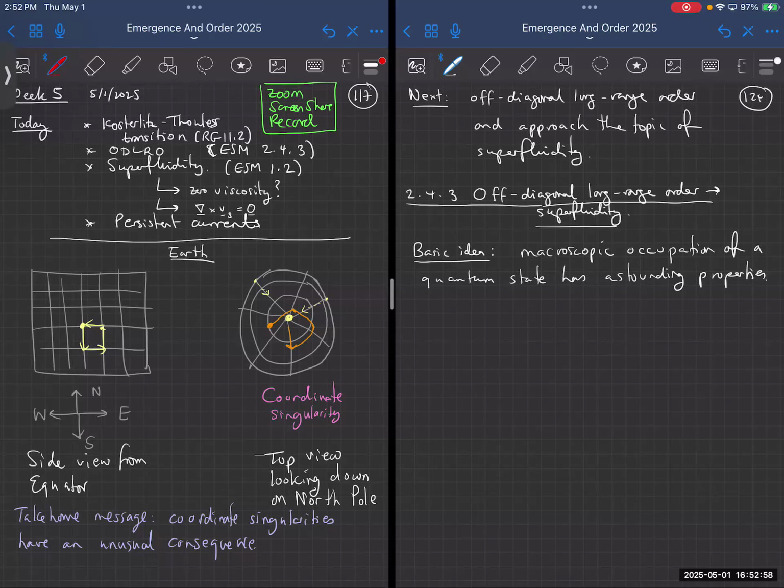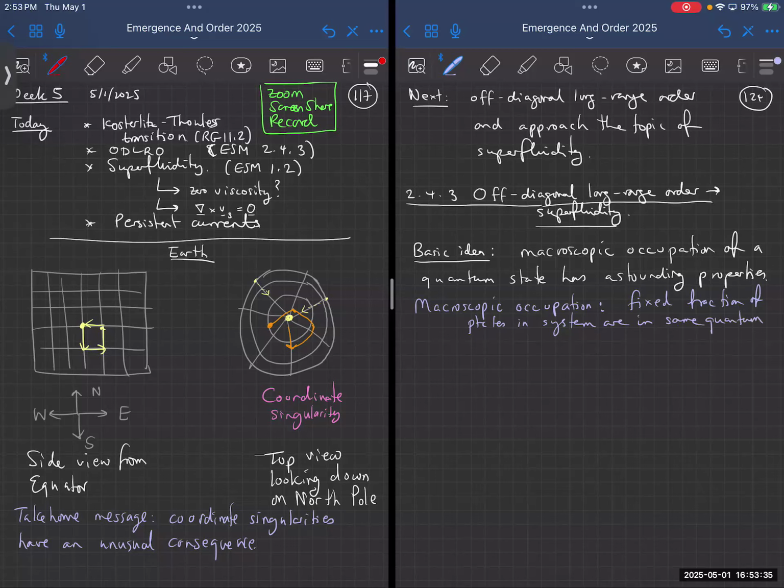First of all, let me just remind you what I mean by macroscopic occupation. Macroscopic occupation means that a fixed fraction of the particles in the system are in the same quantum state.